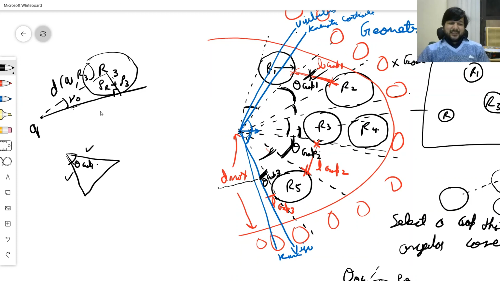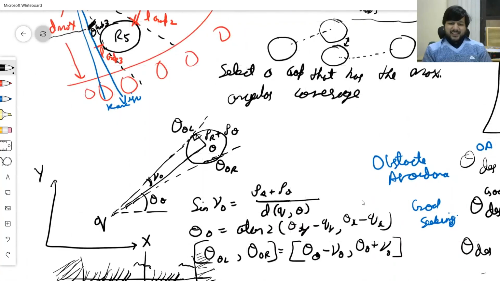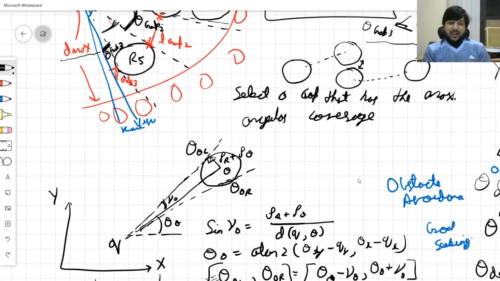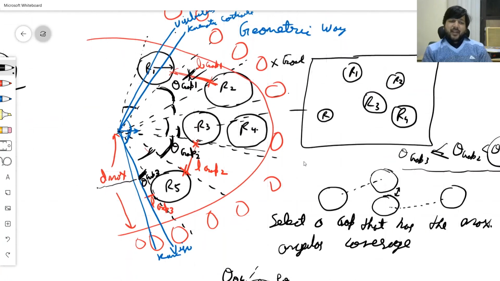Except the mathematics is using law of cosines, which is a little bit more involved. But then the essence is that using geometry alone, I can calculate where I should be moving in order to maximize either my radial clearance or my spatial clearance and move at a respectable distance from each and every person around.